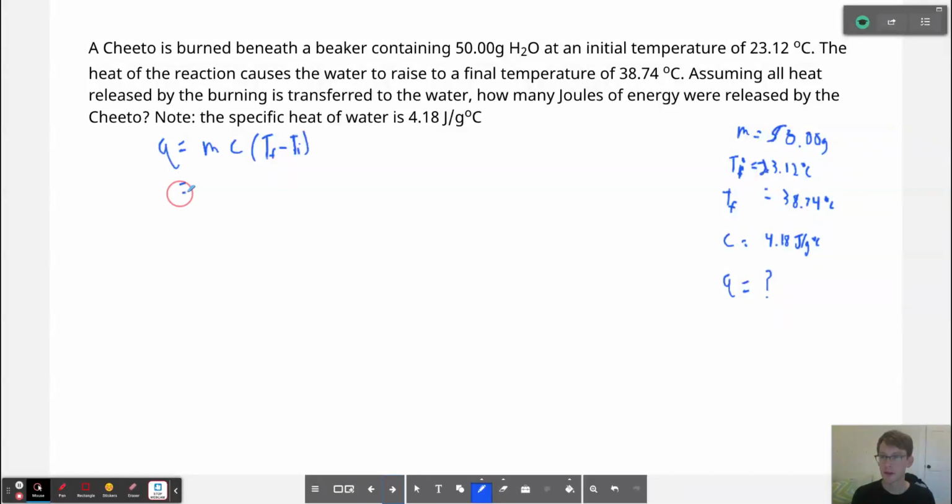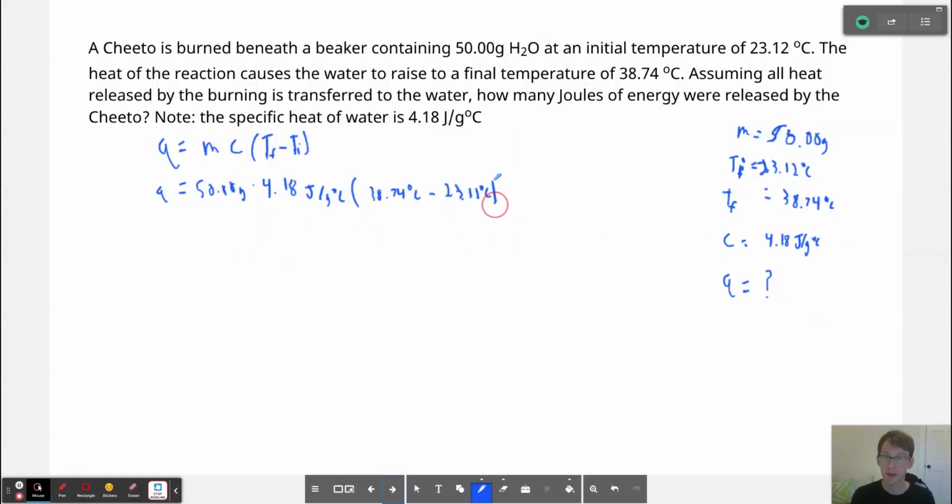And that means that Q is equal to the 50.00 grams times the 4.18 joules per gram degree Celsius times the final temperature of 38.74 degrees Celsius minus the initial temperature of 23.12 degrees Celsius.